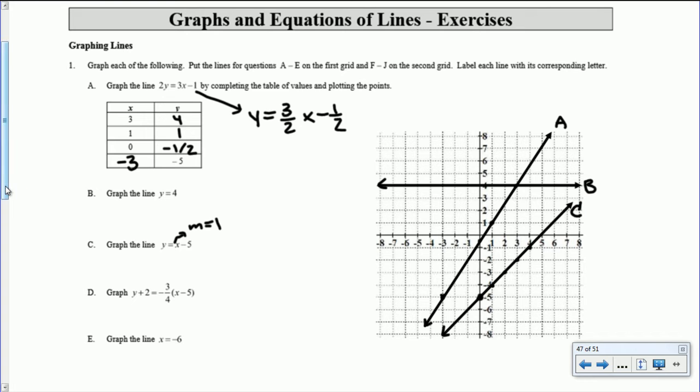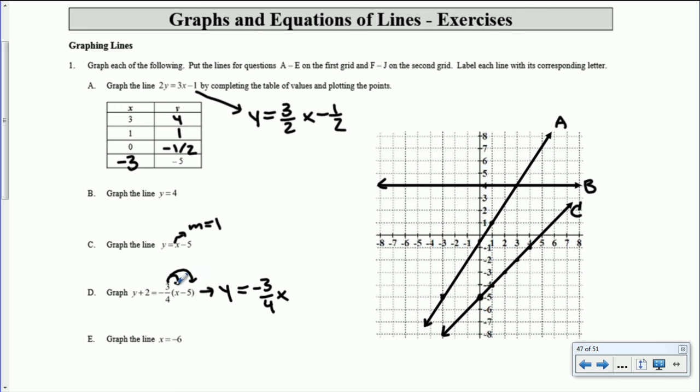Alright, on to D. So what we can do with this is maybe switch it to slope y-intercept form. So I need to subtract 2 from both sides. I also need to distribute this negative 3/4 into the brackets. That would be negative 3/4 x plus something.